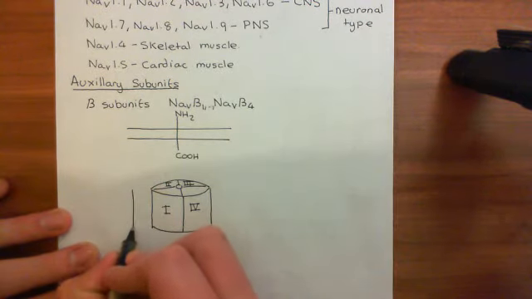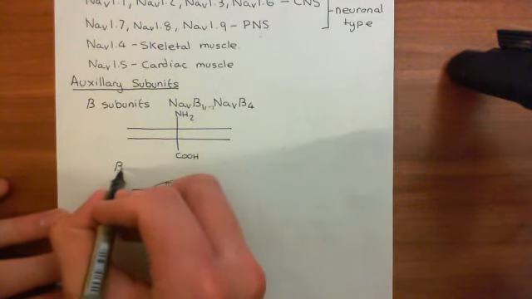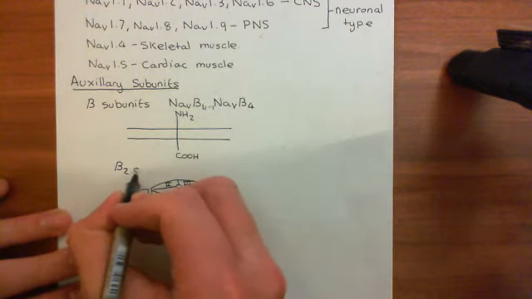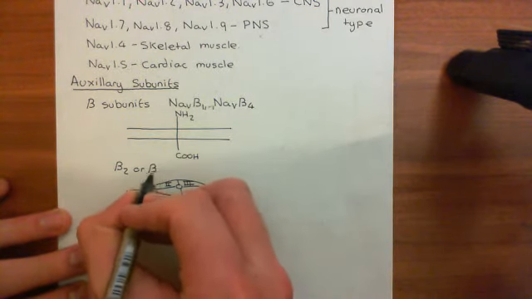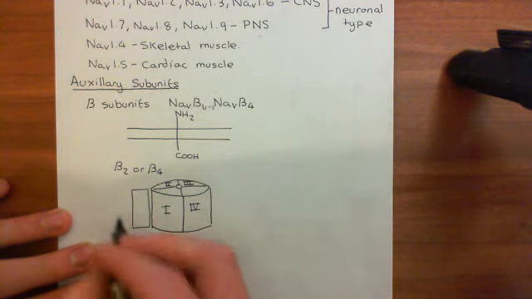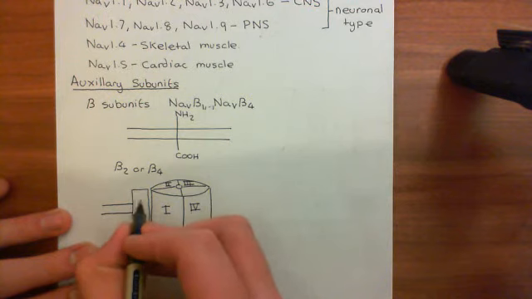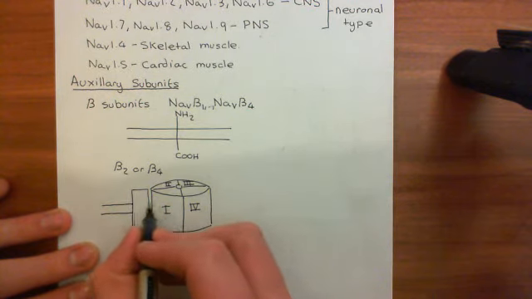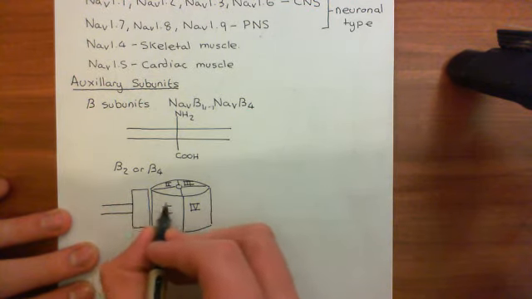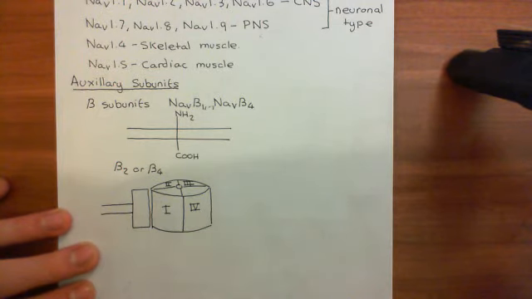So over here, near domain 1, you can attach either beta 2 or beta 4. You have to pick one of them, either beta 2 or beta 4, or you can pick neither. You can say, I don't want to attach one of those on. And if you do choose to attach it on, it's attached covalently, by a strong covalent bond to this domain 1 here.